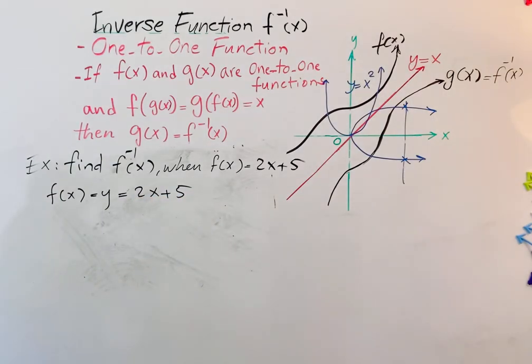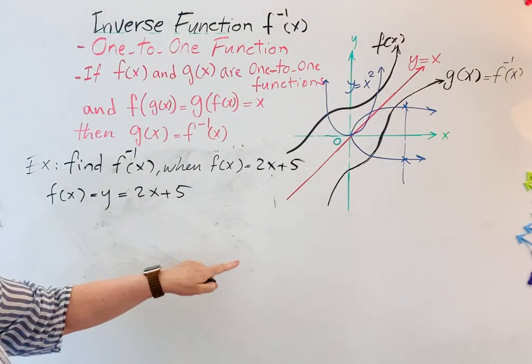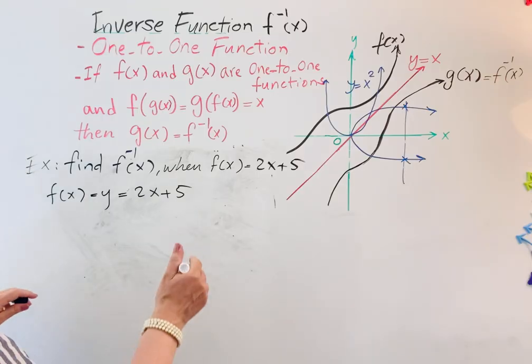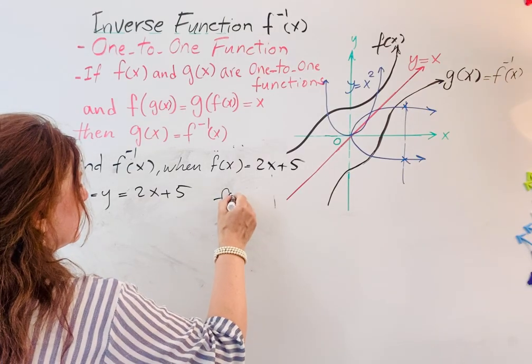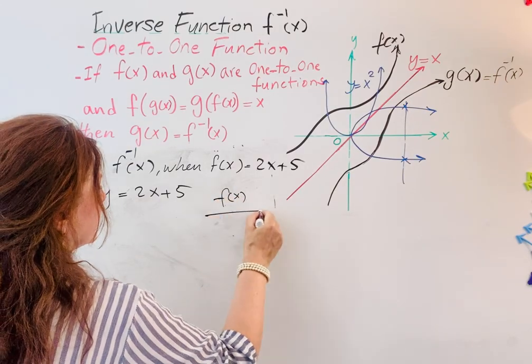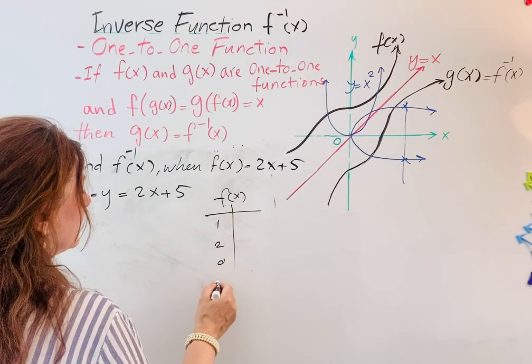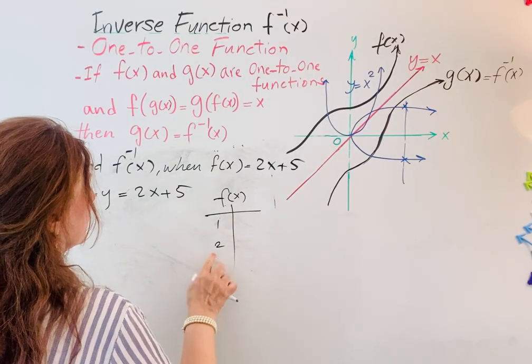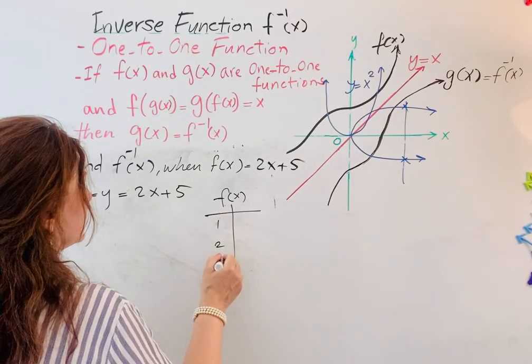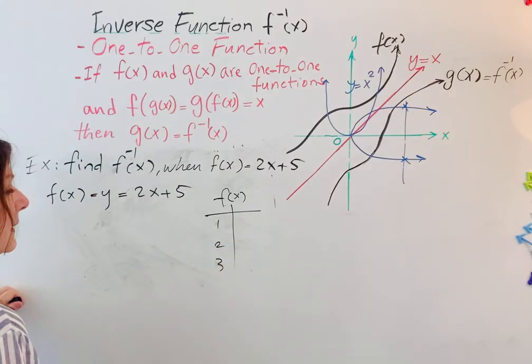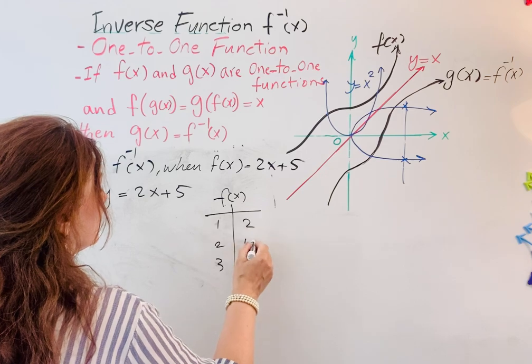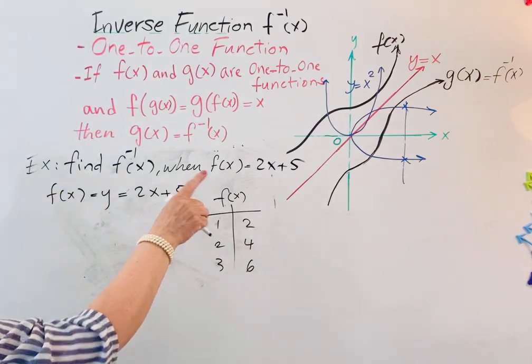They are inverse to each other. The x of this one is y of the other one. The x of this one is y of the other one. Okay, for example, if this is f of x, the table of f of x is this: 1, 2, 3 gets 2, 4, 6, for example.